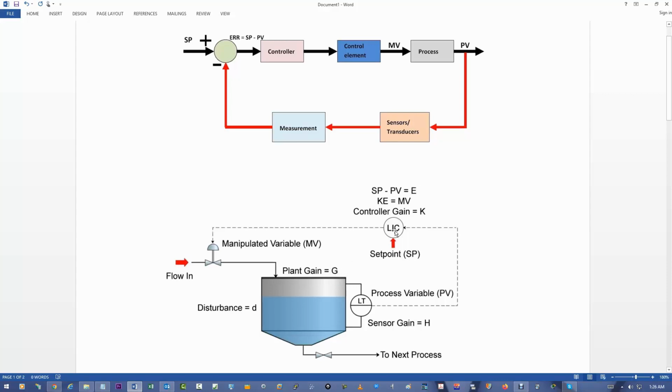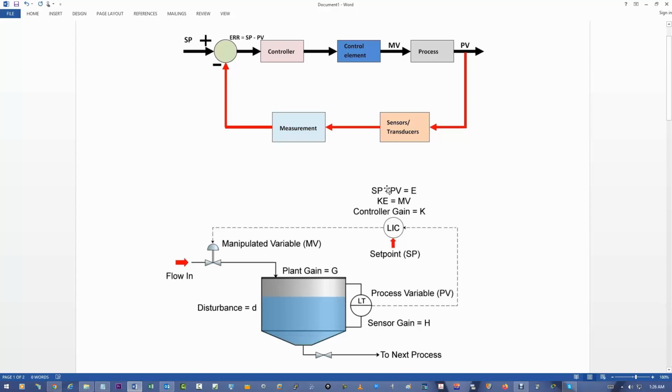When we take our set point, SP, and subtract our process variable, the set point is a reference, and it's what we want the level to be. The process variable is what the actual level is that's sent back.